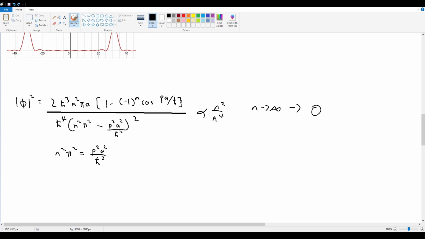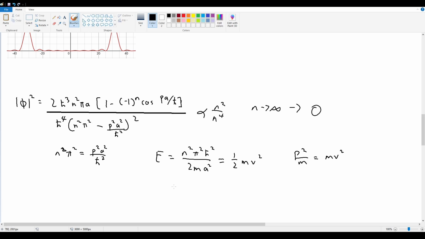And this is actually exactly equivalent to the classical mechanical result, where we know that the energy of the infinite square well is equal to n squared pi squared h bar squared over 2m a squared. Earlier on in chapter 2, we showed that if I set this equal to the classical 1/2 mv squared, and replace mv squared in terms of p, well, p squared over m is going to equal mv squared.